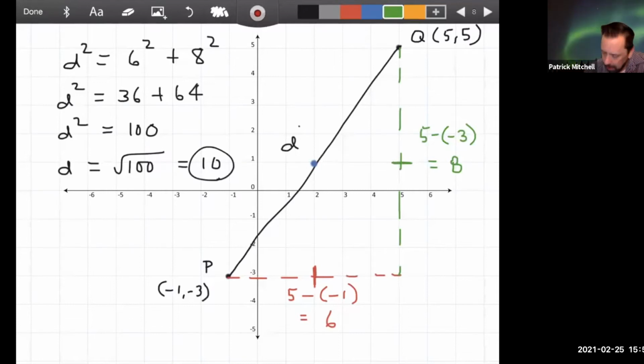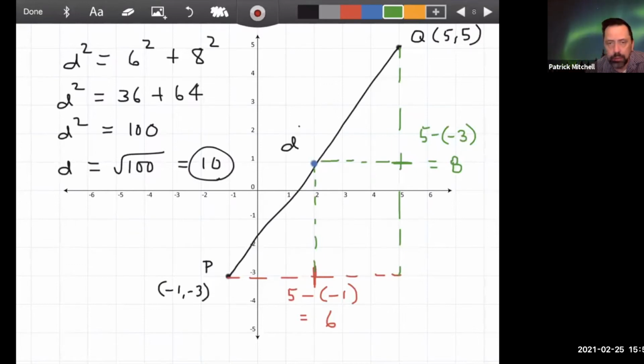And that would in fact give me that point that I just labeled. So it sounds like a reasonable way to find the midpoint is to just find the average of the two x coordinates and then find the average of the two y coordinates. Okay, and that is exactly what we're going to do.